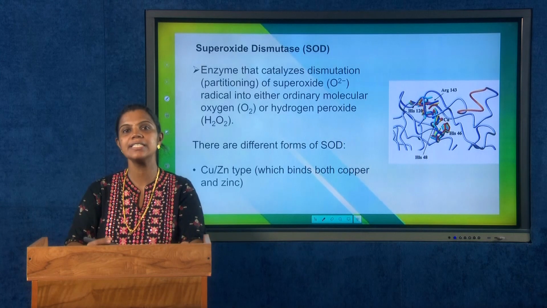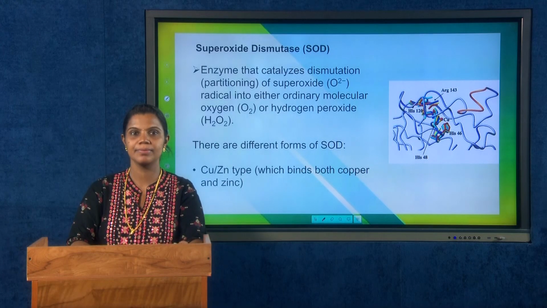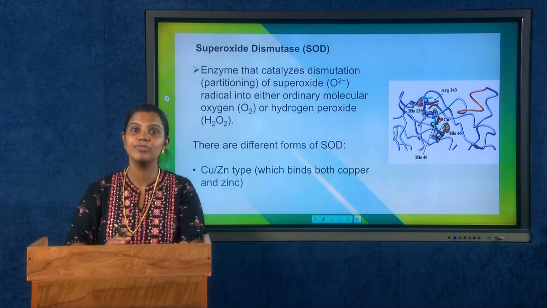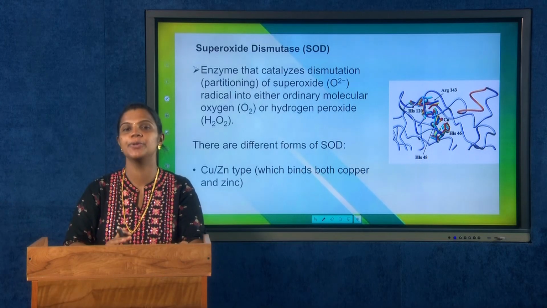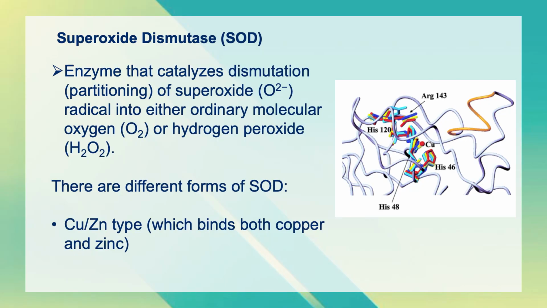First, we will discuss the superoxide dismutase enzyme. What is the function of this enzyme? It is designated as SOD. This enzyme catalyzes the dismutation, or partitioning, of the superoxide O2- radical into either ordinary molecular oxygen or hydrogen peroxide.